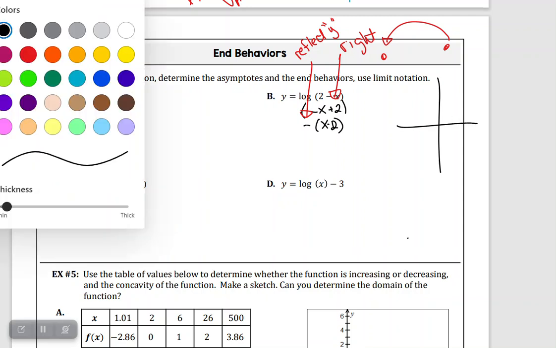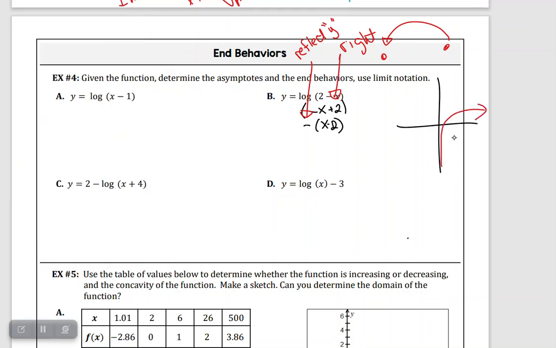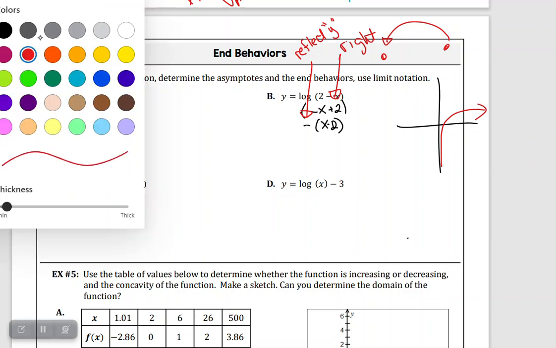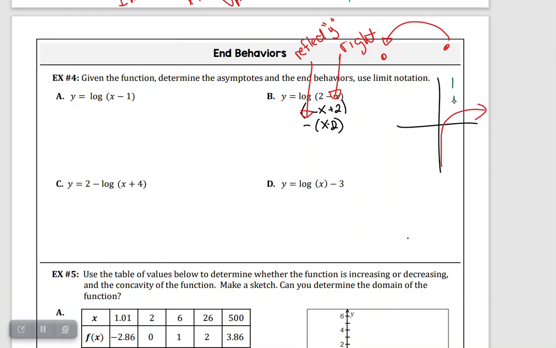If we know that the typical graph looks like this, we know that there's a reflection over the y, and it's moving right 2 units. So now that graph is getting moved, and it's reflected like this. Now that green graph is really what we're looking at. Again, I encourage you to actually draw it out to understand the behavior.